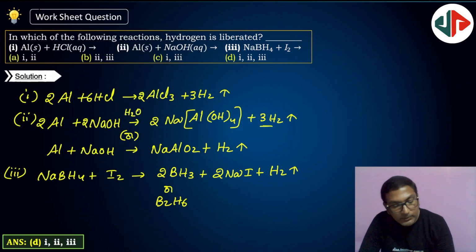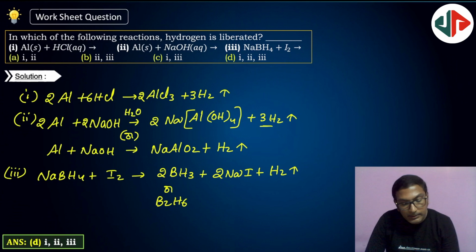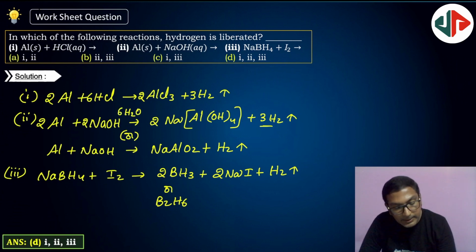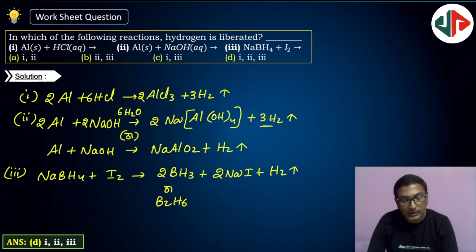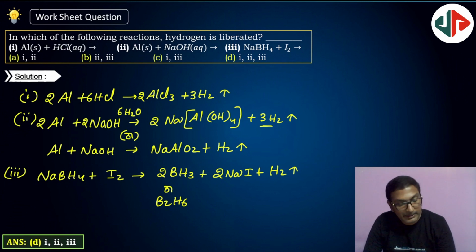After getting H2O, the total number of hydrogens is 3 into 2, 6, plus 4 into 2, 8, that is 14. So 6H2O should be there, and OH 4 times. Okay, next. So here options 1, 2, 3 all are producing H2 gas.